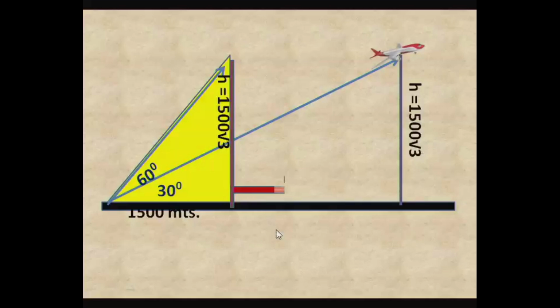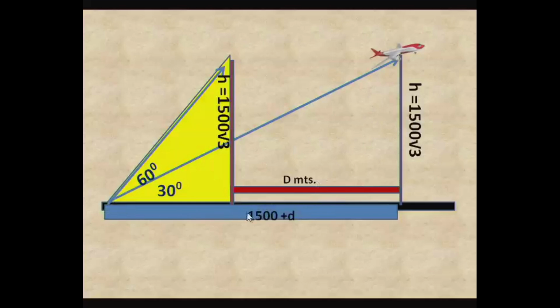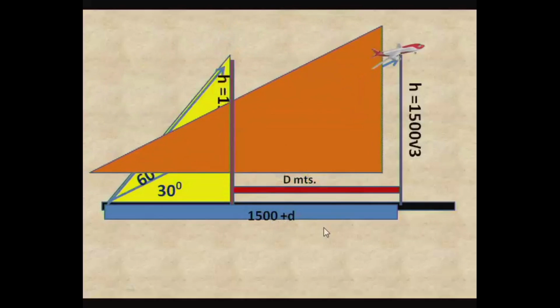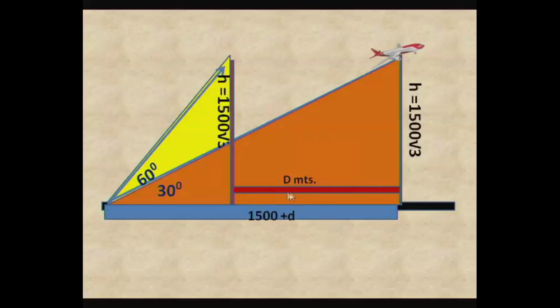Now, it becomes d meters, we do not know this distance also. Now, by using this triangle, see the total distance is 1500 plus d. We will find the d meters also.